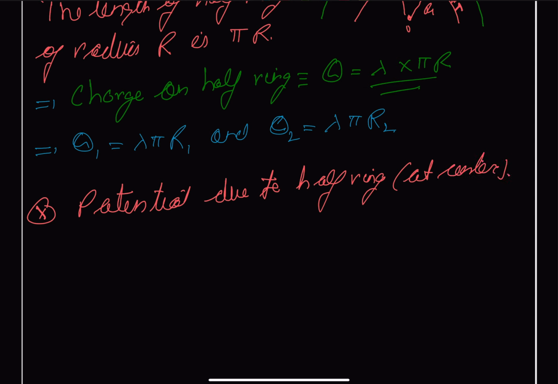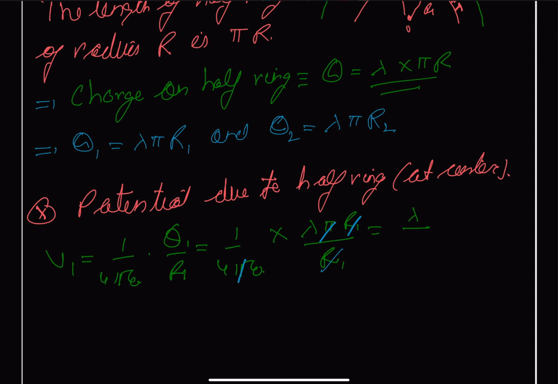So the first one, let us call this V1, will be equal to 1 upon 4 pi epsilon naught Q1 upon R1. Substituting the value of Q1, we get 1 upon 4 pi epsilon naught, and Q1 was our lambda pi R1 divided by R1. And here the R1 and pi cancel out. This gives us lambda upon 4 epsilon naught.